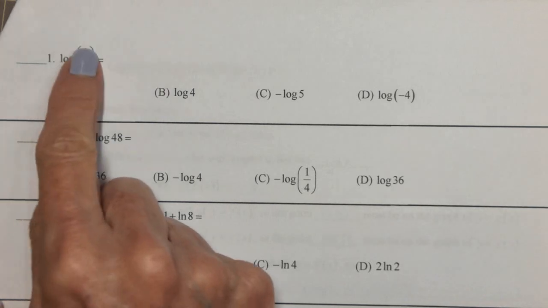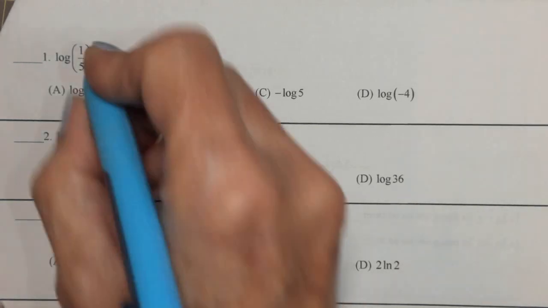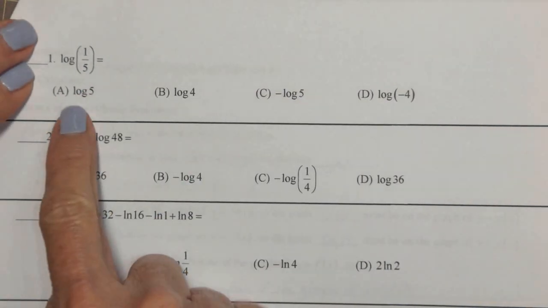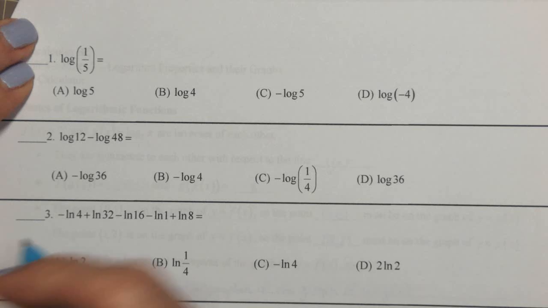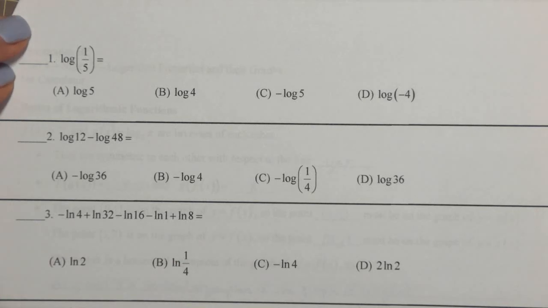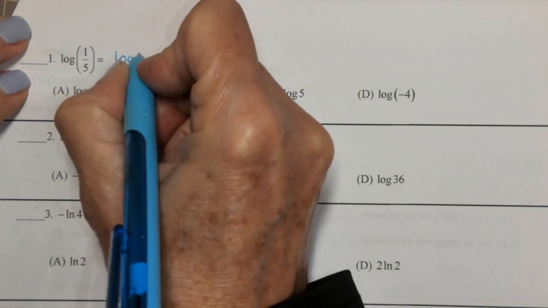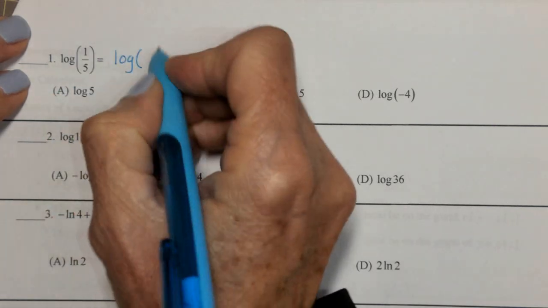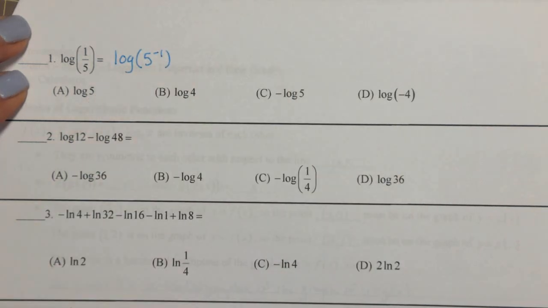So log of 1/5. What could we possibly do with that? Well, I take a look at some of my answer choices to guide me. Where do they want me to go with this? Well, one thing that I can do is write 1/5 as 5 to the negative 1, because 1/5 is 5 to the negative 1.